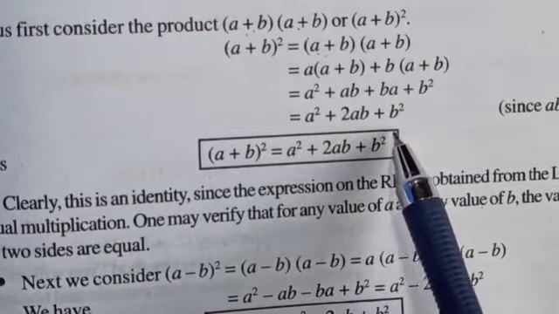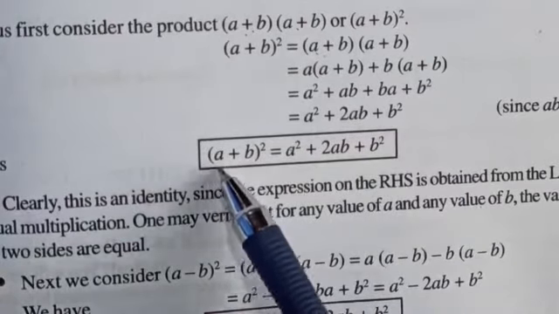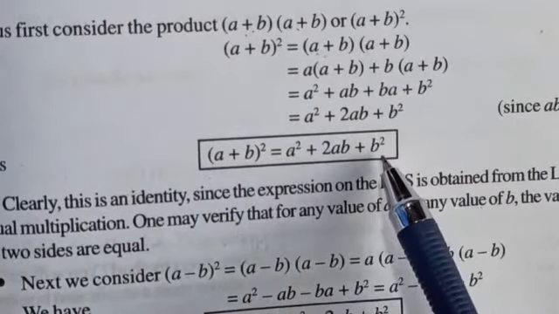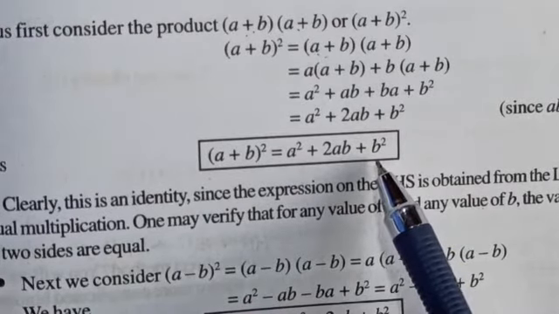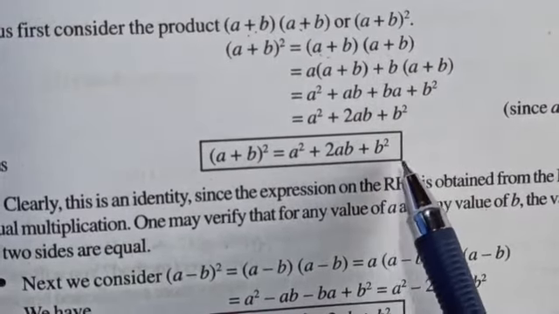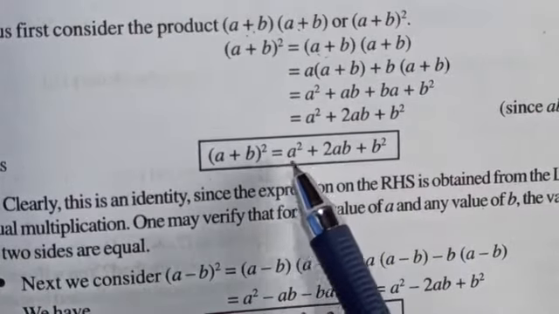So these numbers in the box is called standard identities, and these standard identities we will apply when we are trying to solve the exercise. So we have to use this as formula.